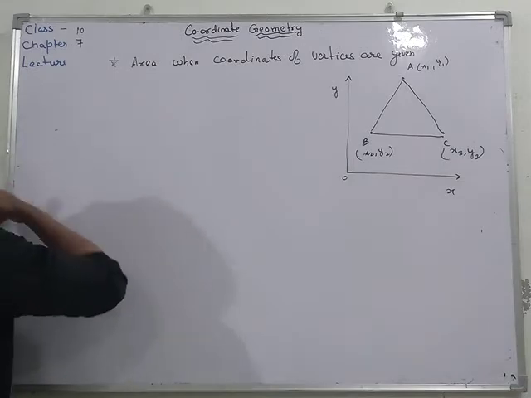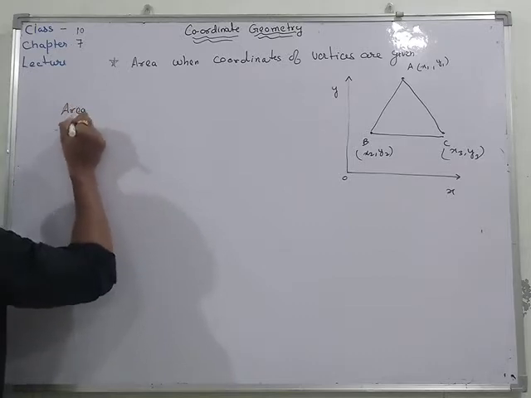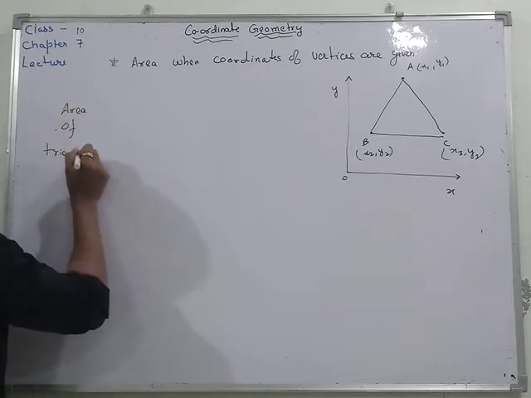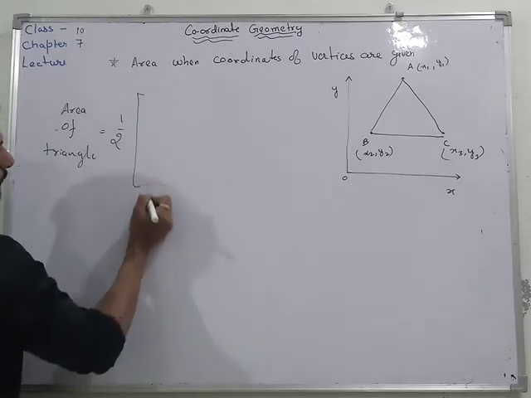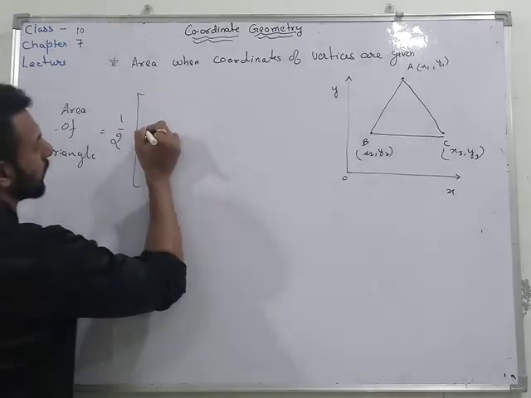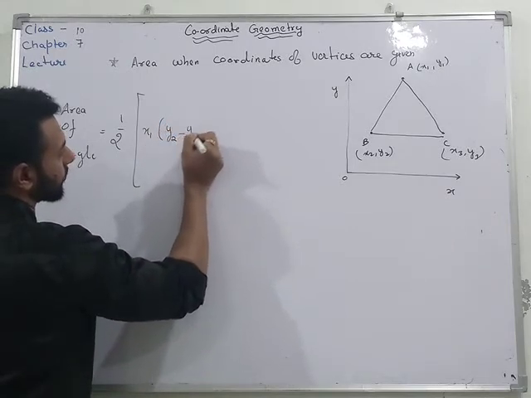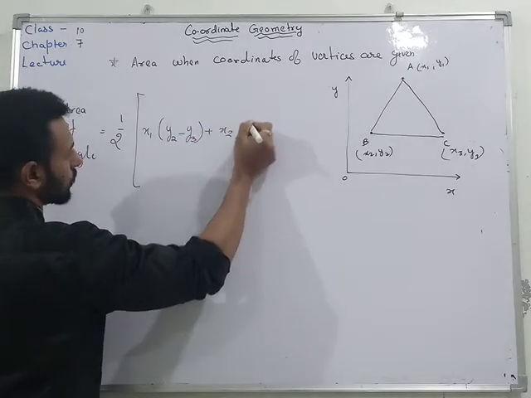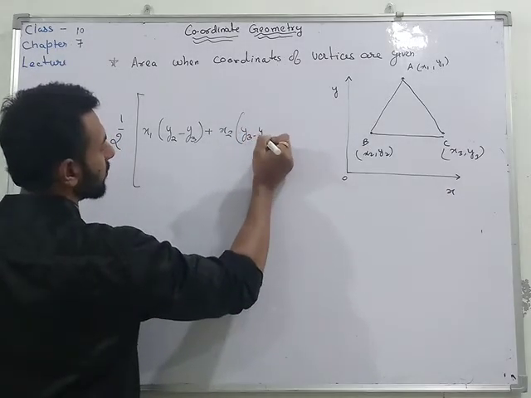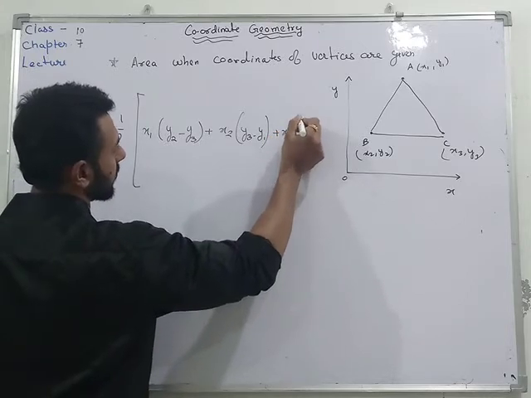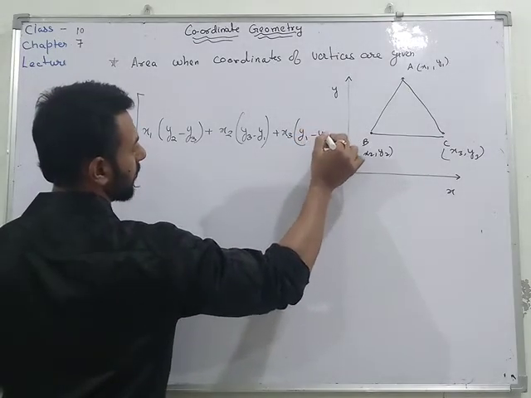We know that the area of a triangle is given by half, 1 by 2, x1 into y2 minus y3 plus x2 into y3 minus y1 plus x3 into y1 minus y2.